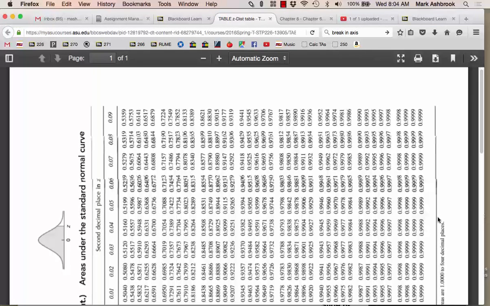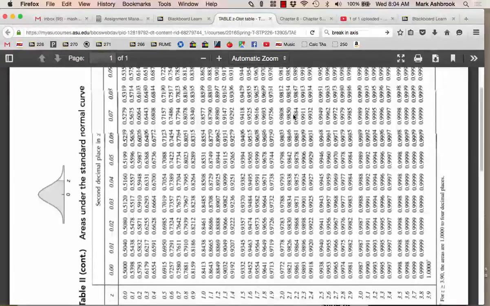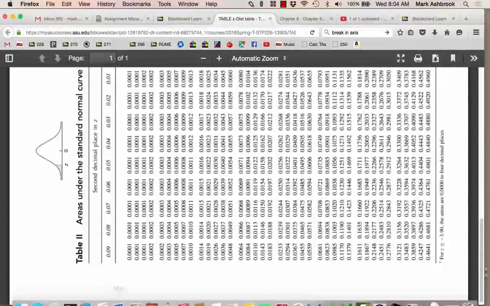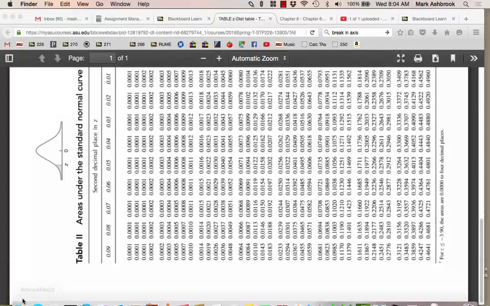Hopefully it will load. Got it. Is there a way to turn it on this view? No, there's not. So we'll have to find it this way.